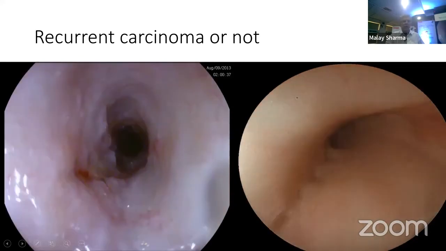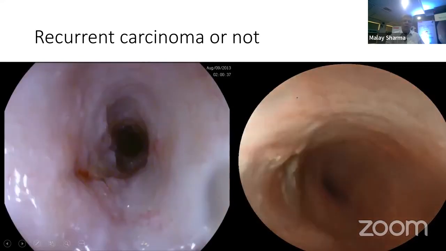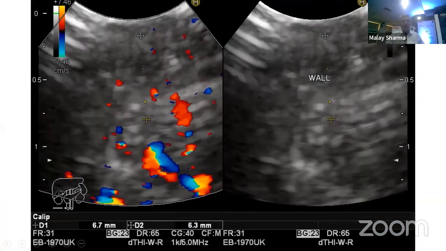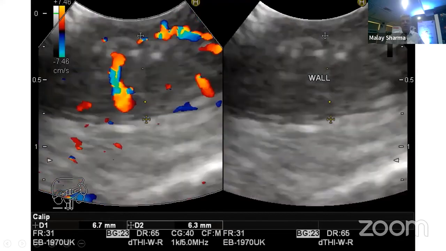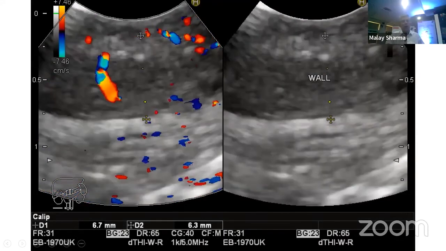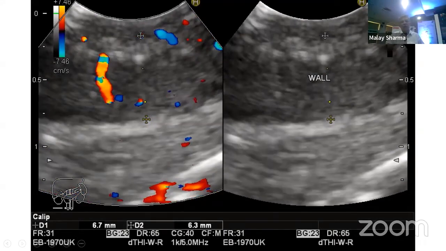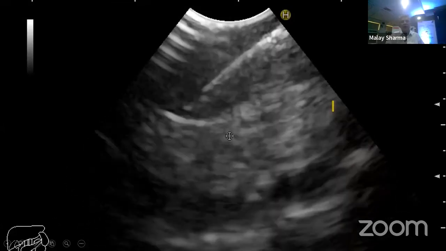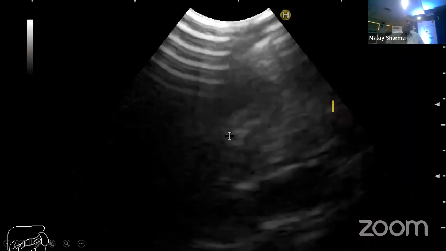If it is recurrent carcinoma, EUS can be used. And in this case, there was a recurrent carcinoma of the wall of the esophagus, and the FNAC was done again from the wall, the FNAC of the wall concept.